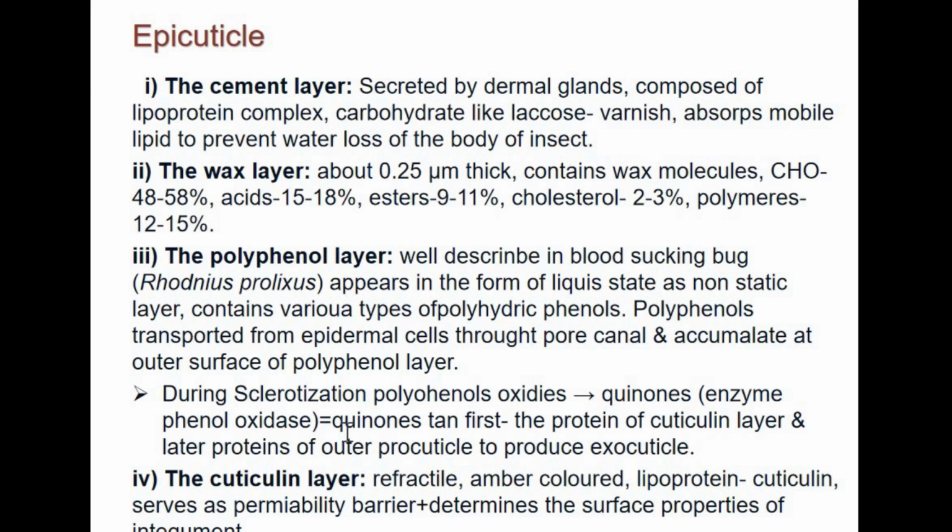Now this polyphenol layer is followed by the innermost or last layer of the epicuticle, that is the cuticulin layer.